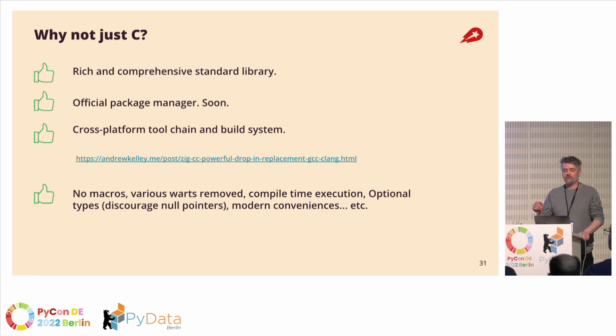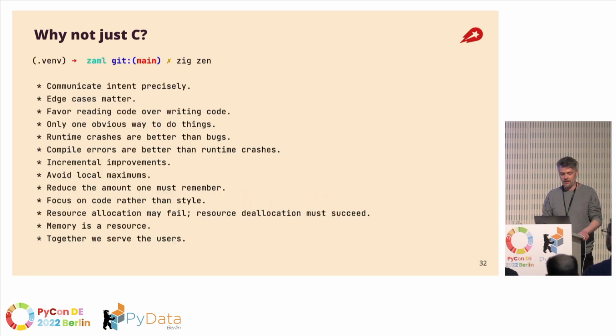Maybe that's a slightly controversial thing to mention as a feature, but I guess it's Andrew Kelly's belief that macros do not aid maintainability. Various warts removed. Compile time execution, which is a bit like C++ templates, but nicer. Optional types, which discourage null pointers. Just various modern conveniences.